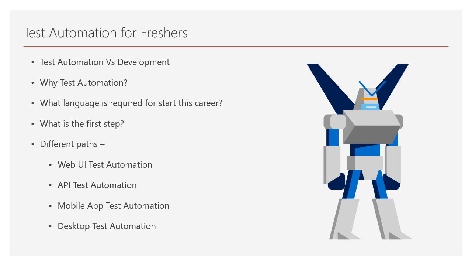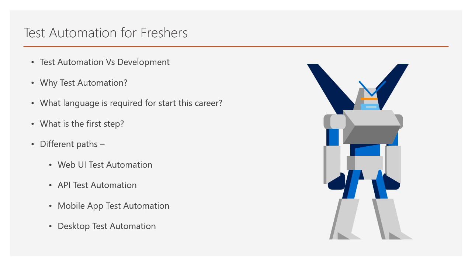But here the test automation role is a little bit different compared to the development. Here the application is already built. You have to write the script that automatically tests the application. Now, how can we build that particular script?